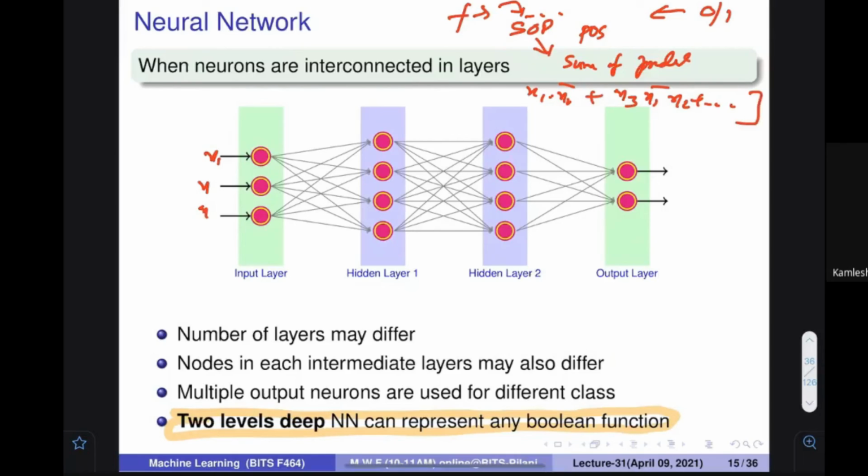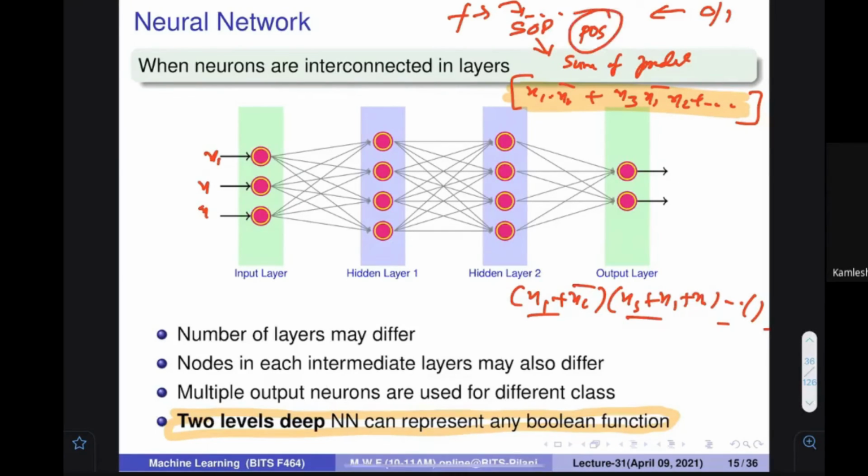The equation is going to be in this particular form. Whatever network circuit you come up with, I can always convert that circuit to this form. I'm not going into much detail. Or you can always come to the other form: x1 plus x2 bar x3, times x1 plus x2, and so on, where there is a multiplication of the summation terms. This is called the POS form, product of sums form.